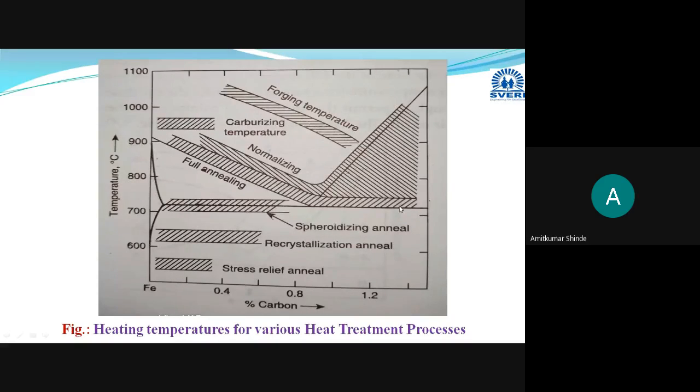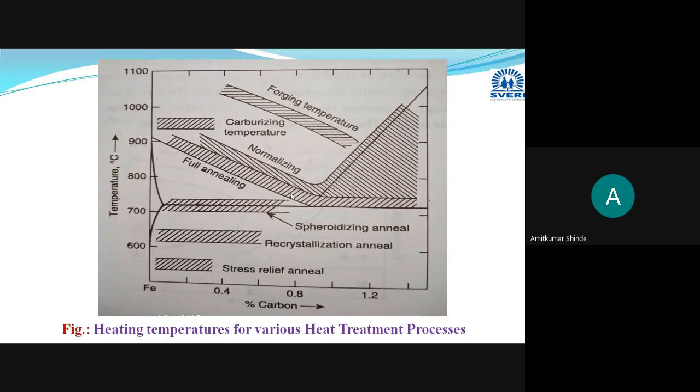And now, the second is the holding time or soaking time. You have to heat the steel component in this temperature zone and hold the component at that particular temperature for a definite period of time. That time is termed the soaking time or holding time.